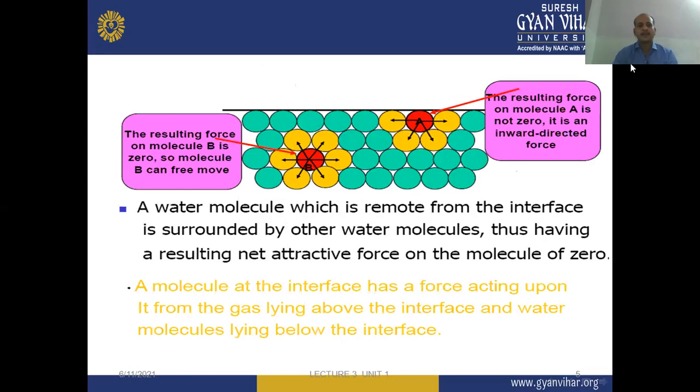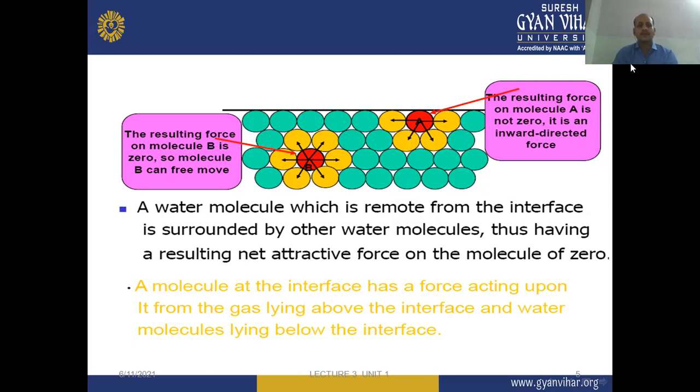And when we go through the diagram, you can see there are two molecules, molecule A and molecule B. Molecule A is situated at the interface, and molecule B is situated in the bulk of the liquid. So the resulting force on molecule A is not zero; it is an inward directed force. And the resulting force on molecule B is zero, so molecule B can freely move.